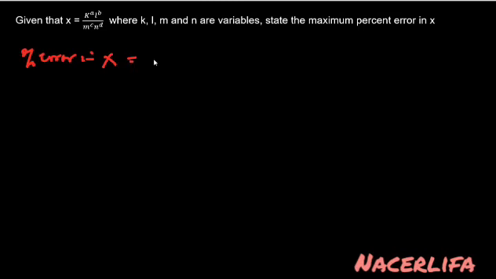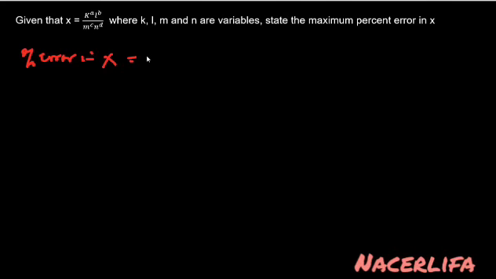I've treated this before, so if you have not watched the video, do well to go back to our previous discussion on error analysis. The maximum percentage error in x should be a combination of the errors in k, l, m, and n.